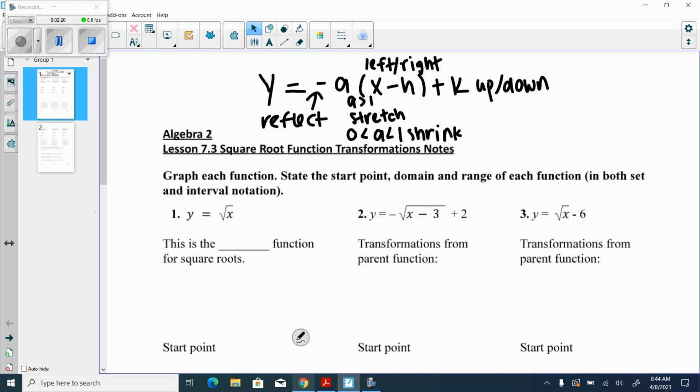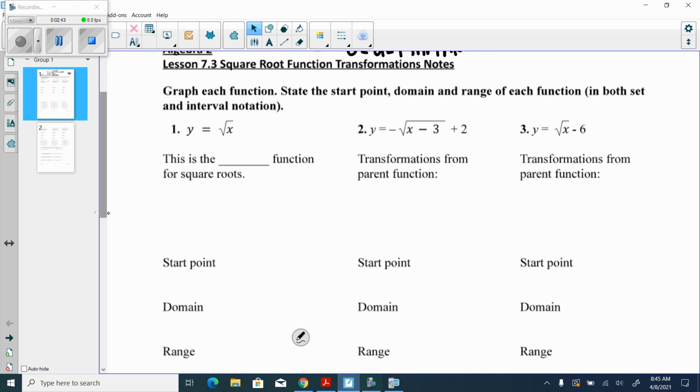Okay. All right. It says, graph each function, state the start point, the domain, and the range for each in both set notation and interval notation. So the first thing that they give us is y equals the square root of x. So remember, we call the one with the least amount of changes possible made to it the parent function.